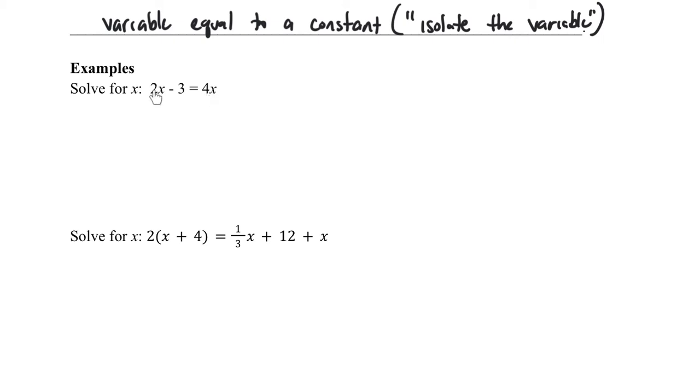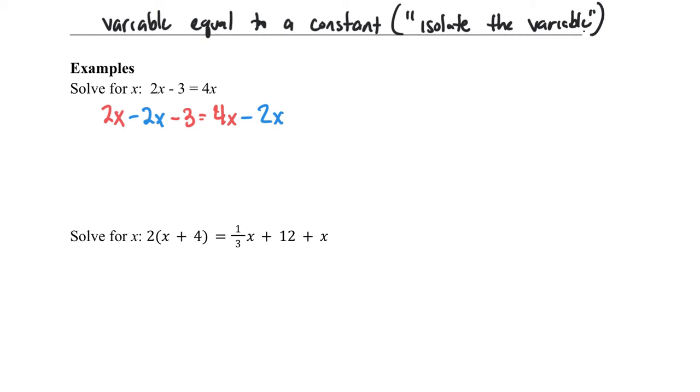So since I already have a variable term over here by itself, I'm going to subtract. This is plus 2x. There's no symbol in front, so that means plus. I'm actually going to subtract 2x from both sides. So it looks like this. I'm going to subtract 2x from this side, but in order to keep my equation in balance, I have to subtract it from the other side as well.